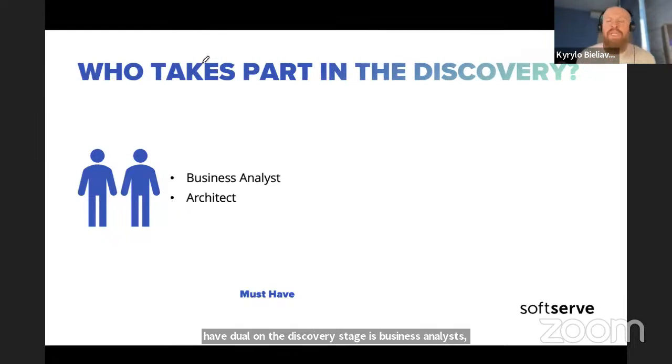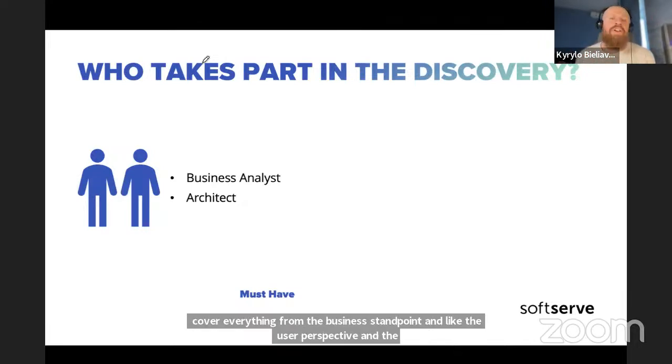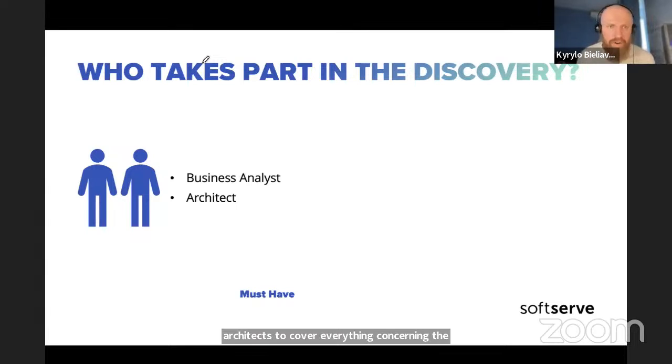This is the minimum team that you need, because a business analyst should cover everything from the business standpoint and the user perspective, and the architect should cover everything concerning the technologies, the stack of technologies, the architecture, the infrastructure, what have you there. So that's the minimum.